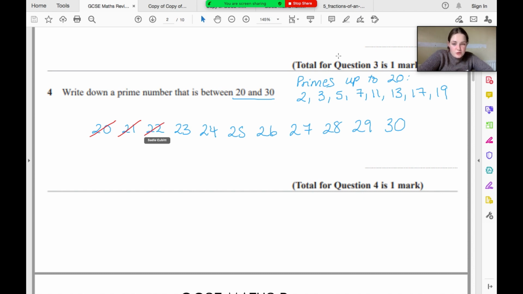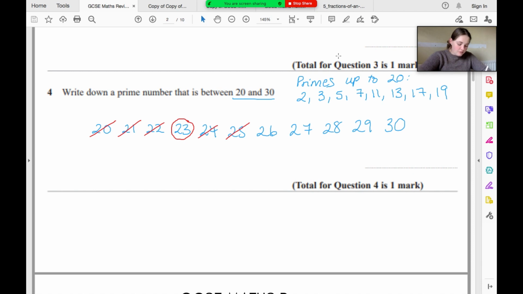22 can be divided by 2. 23, think, what can 23 be divided by? 23 cannot be divided by anything other than 1 and 23, so that is a prime. 24 is even, and it can be divided by 2 and 6 and 4 and 8, so we can't use that. 25, well that can be divided by 5 straight away, so that's not a prime. 26 again is an even number and can be divided by many things.